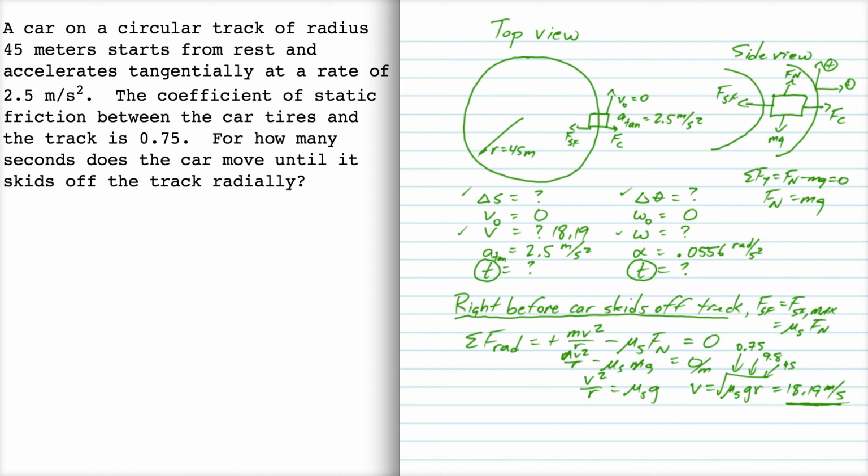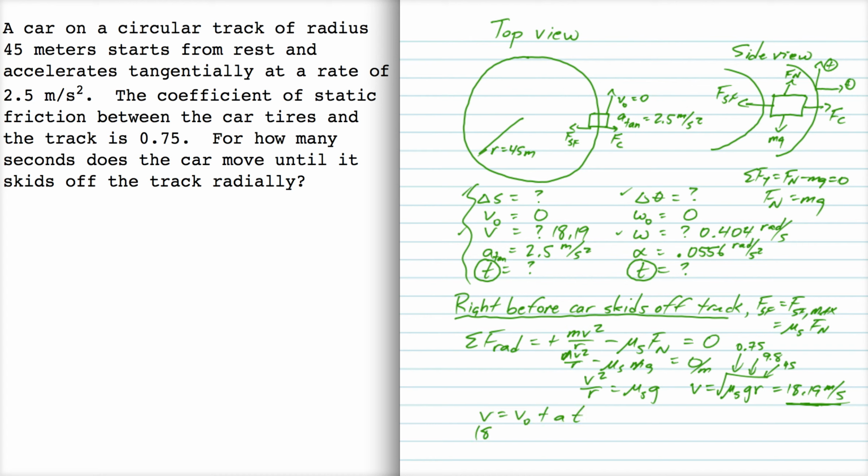If you'd rather do it in an angular sense, then you could say that omega, the angular velocity at that moment, is that. All right, so in order to find time, I'll use this set of equations. I'll use the equation that doesn't have delta S in it, which is this one.